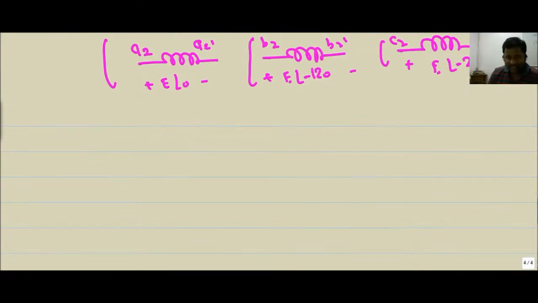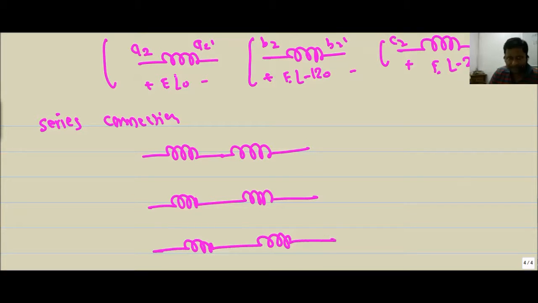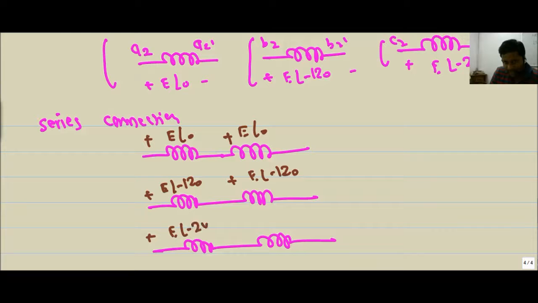How can we do this? We can easily consider adding this winding in a series connection. Suppose we add this winding: this is phase A, this is phase B, this is phase C. This is E angle 0 plus, similarly this is E angle minus 120, and this is E angle minus 240.